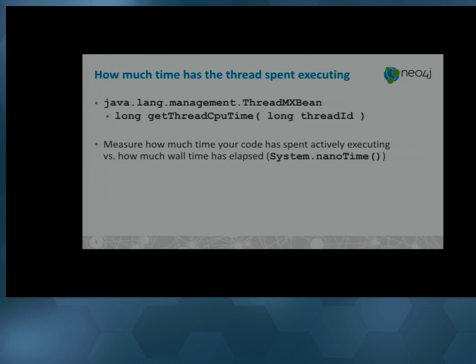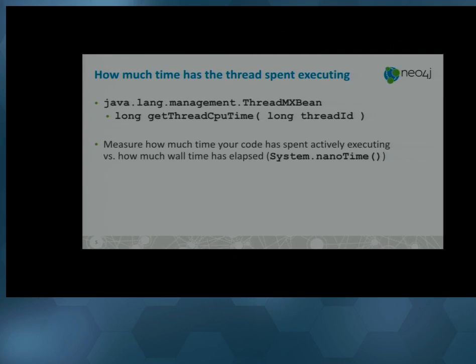This is really useful for measuring how much your application is actually executing versus being swapped out and idle in some way, for doing performance measurements on a different level than what you can do with System.nanoTime. System.nanoTime is very good for measuring how much wall time is being spent, but you might also be interested in how much time that code spent actually actively executing and not just being swapped out.